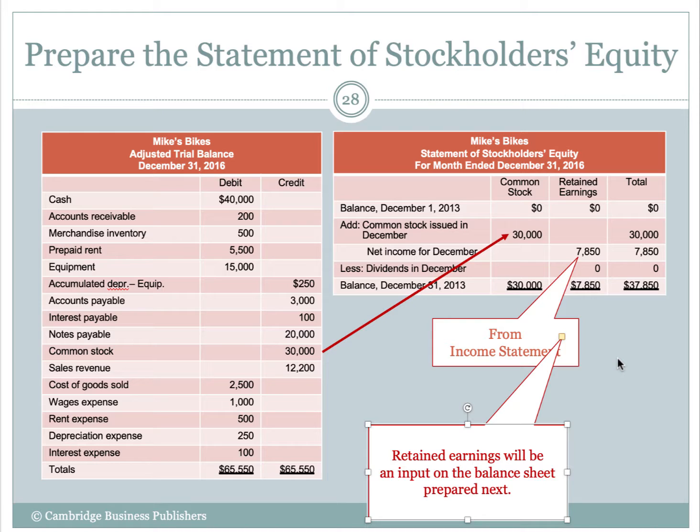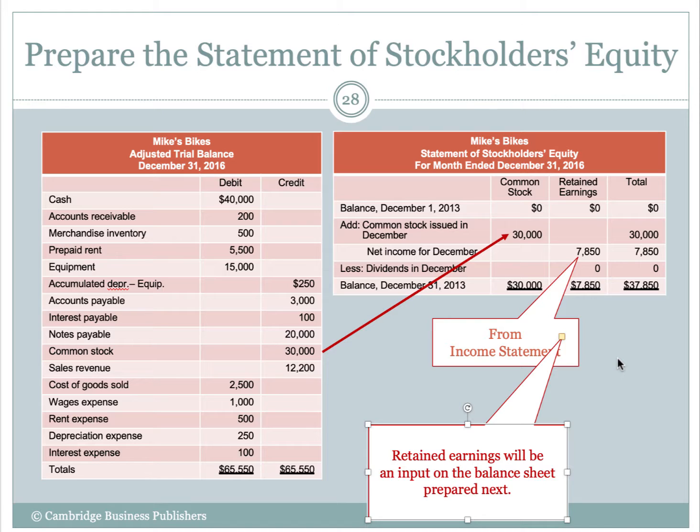Those two things increase statement of owner's equity. So in the statement of owner's equity, any additions to common stock are added. Any net income that we earn during the period is added, okay? So notice that the retained earnings column increases by the amount of net income, okay?